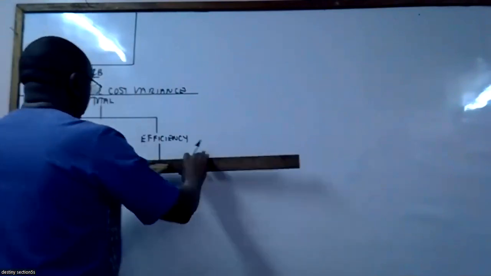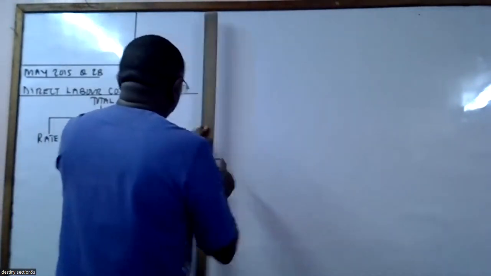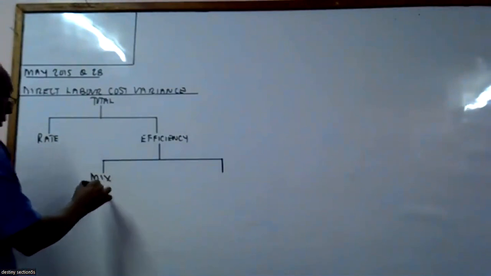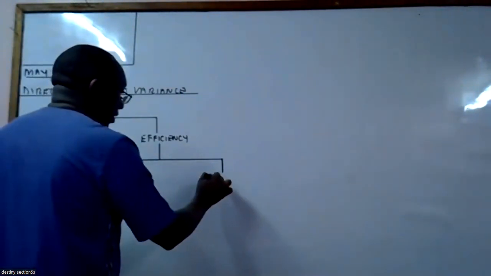Then here we have mix, and here we have yield. That is how the direct labor cost variances look.